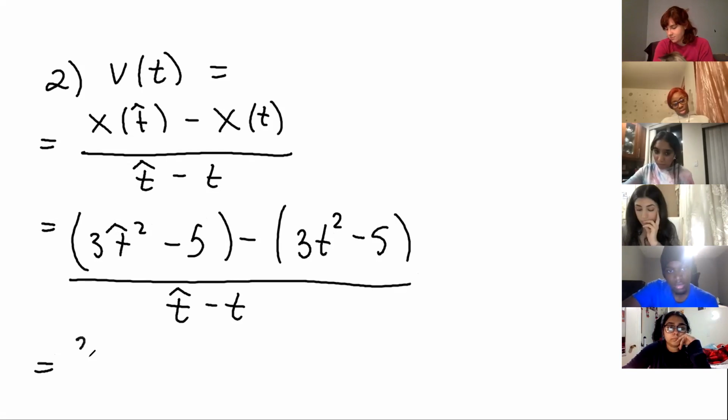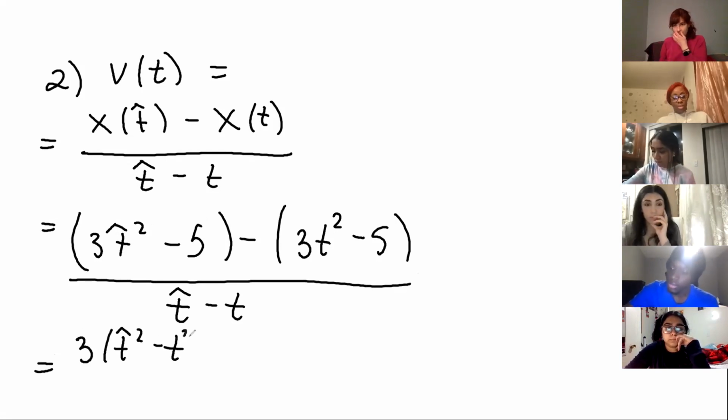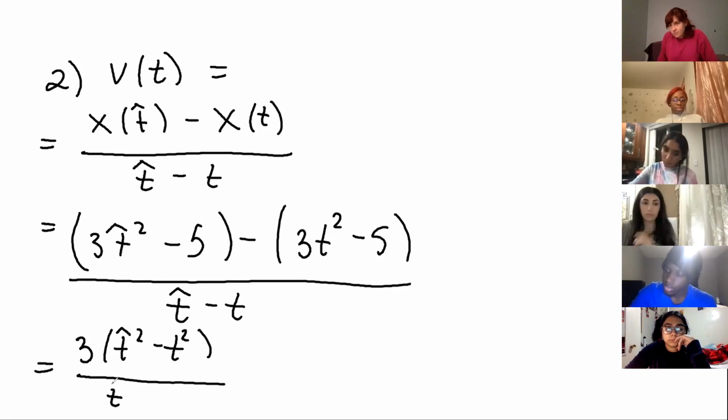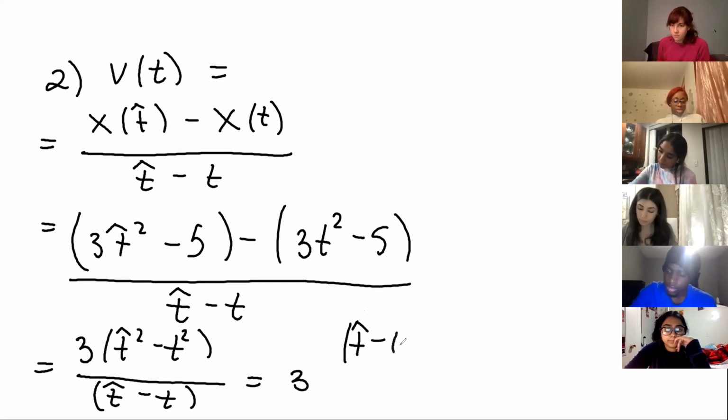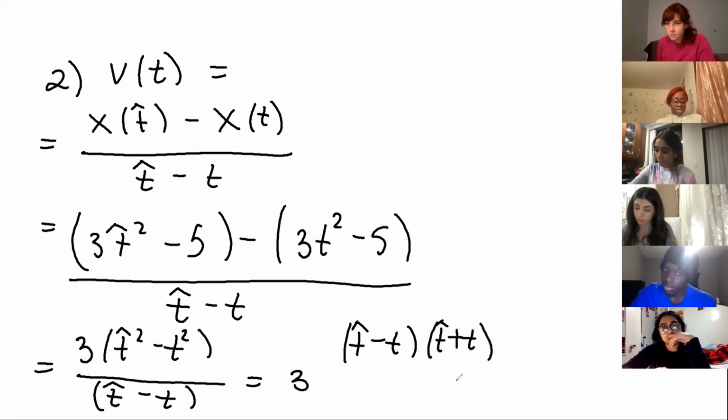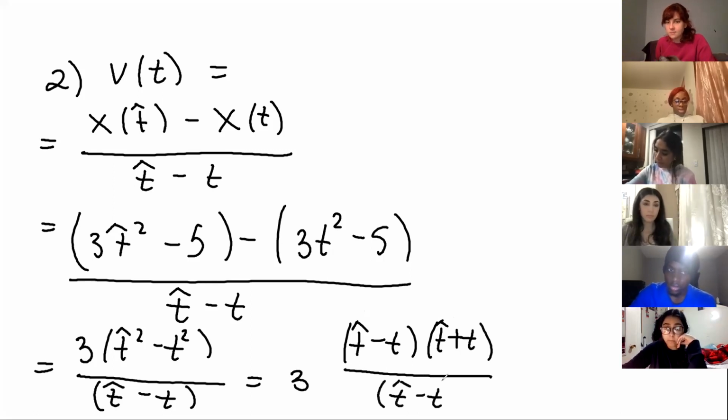I get 3 times t hat squared minus t squared divided by t hat minus t, which is what? 3 times t hat minus t times t hat plus t over t hat minus t. Yes, I factored squares, guys.